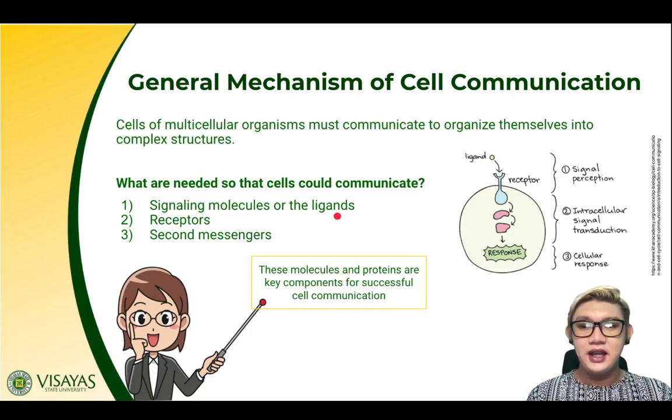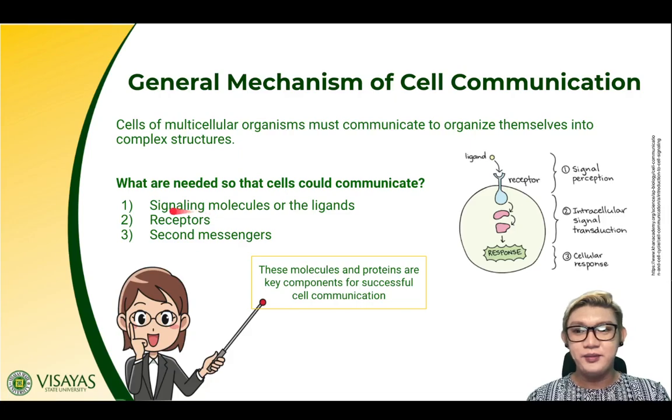Then someone from the target cell must receive the message or the ligands, and these are the jobs of the receptors. And in order to relay the specific response, the second messengers act as the relay molecules in order to elicit this response.